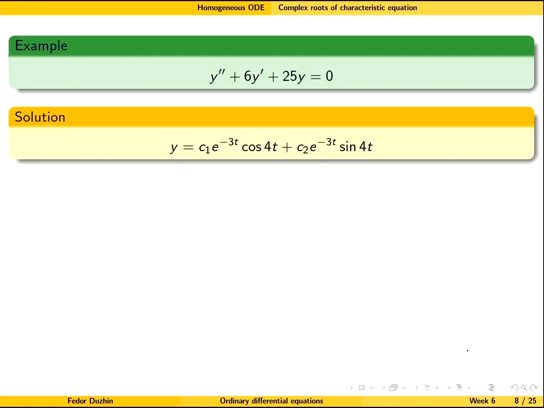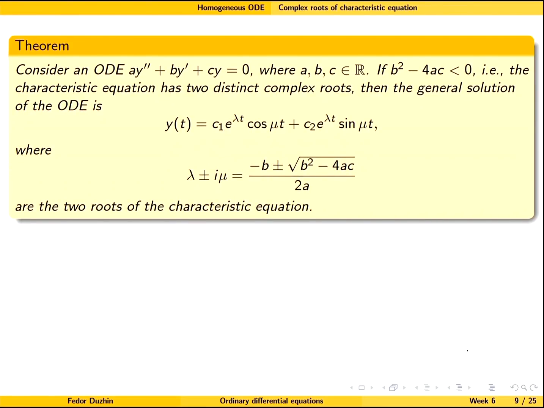Although we have gone through a particular example and there is no such thing as a proof by example, if you try to go through the general theorem, it is going to have all the same steps as this particular example, only with lambda and mu instead of 3 and 4.